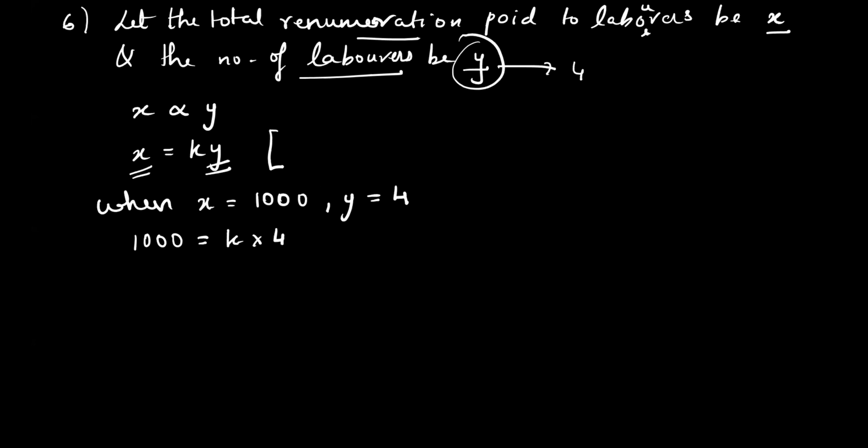Next step: we take the 4 from the right side to the left side, and it will be 1,000 upon 4 is equal to k. What is the value of k? K is equal to 250. And the equation of variation is?